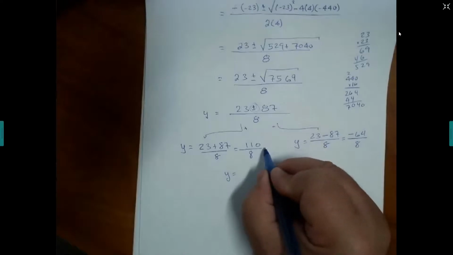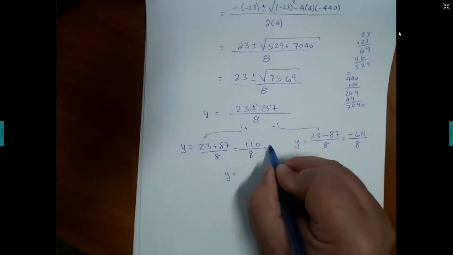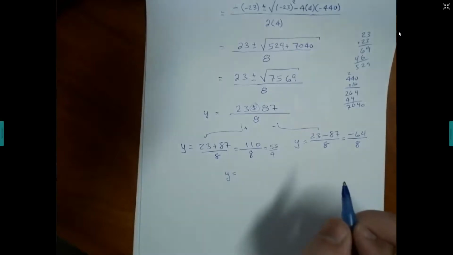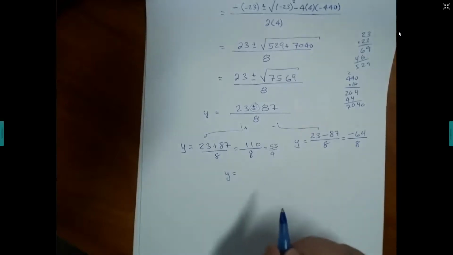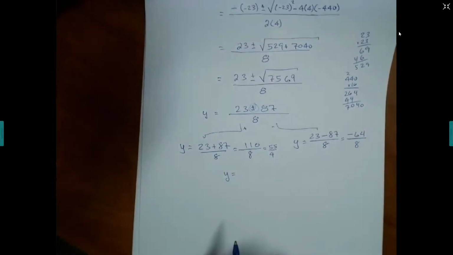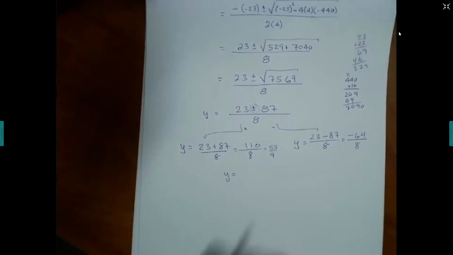So it's 2 goes in there 55 times over 4. Thirteen 3/4.